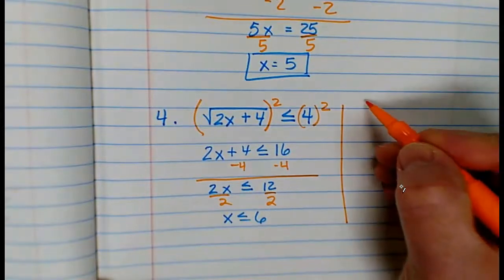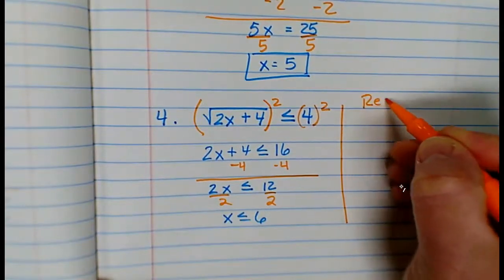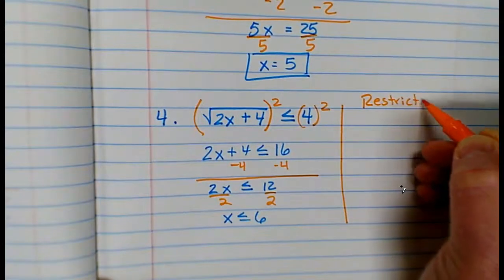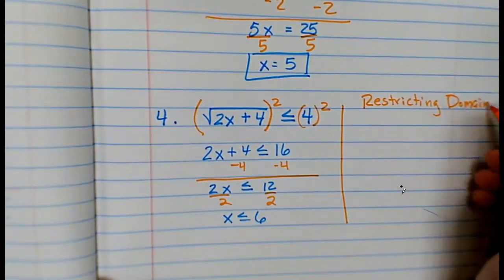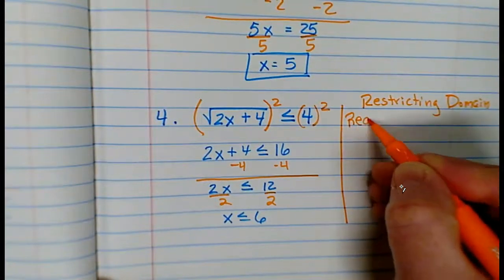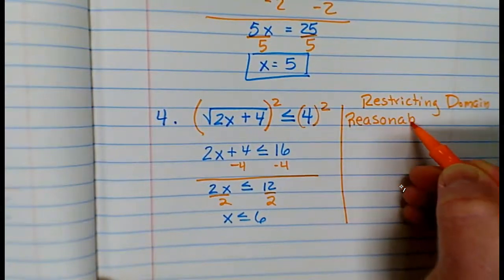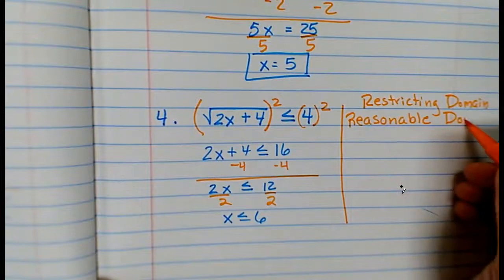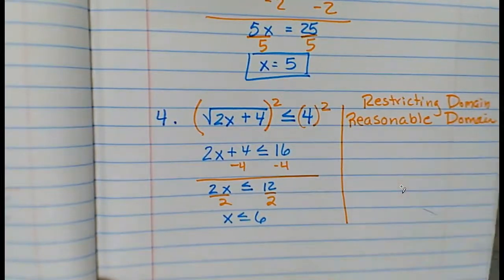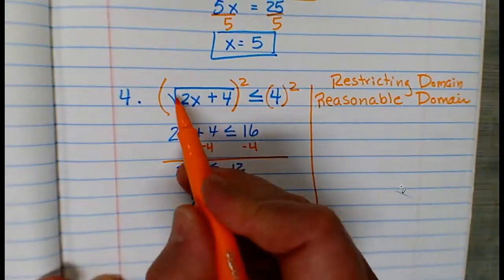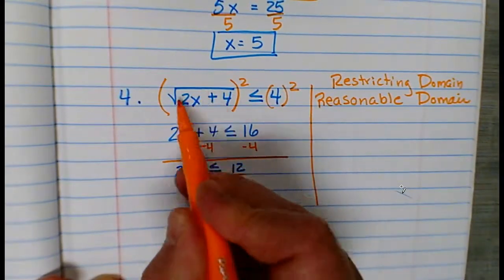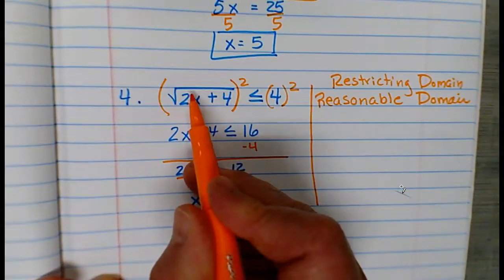It can be called restricting the domain, or it can be called reasonable domain. Either way, I do not want this part underneath the square root sign to be a negative.